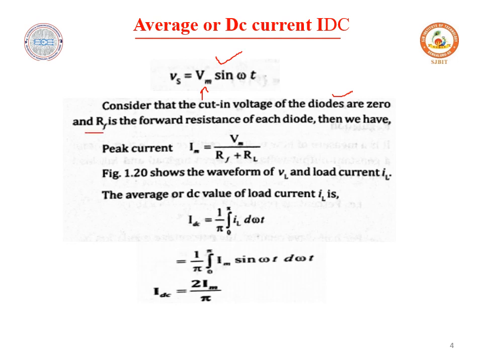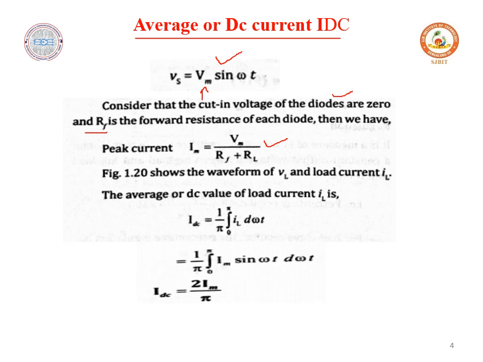The peak current Im is Vm divided by Rf plus RL. We can consider I equals V by R, so the maximum current is the maximum voltage divided by the total resistance in the circuit. Total resistance is the load resistor plus the forward resistance.